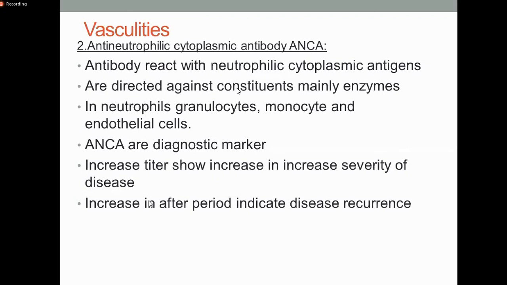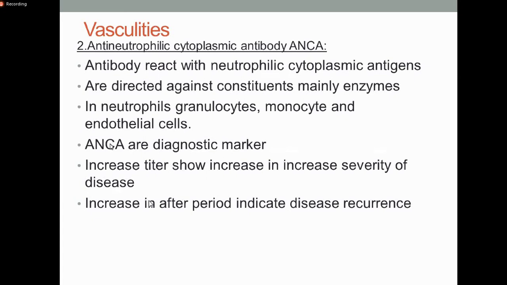These are directed against constituents, mainly enzymes, in neutrophil granulocytes, monocytes, and endothelial cells. This reaction can also occur there, but the prototype is the neutrophilic cytoplasmic antigen. ANCA antibodies we can also detect in blood, and we can call them diagnostic markers, as compared to immune complex deposition, which we already discussed can be post-immune.